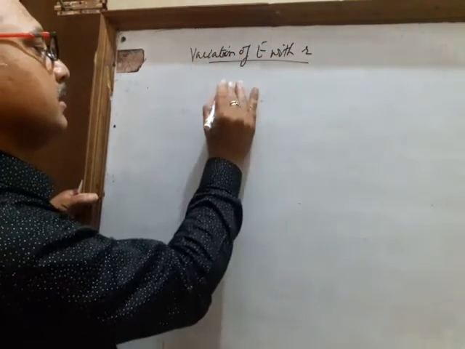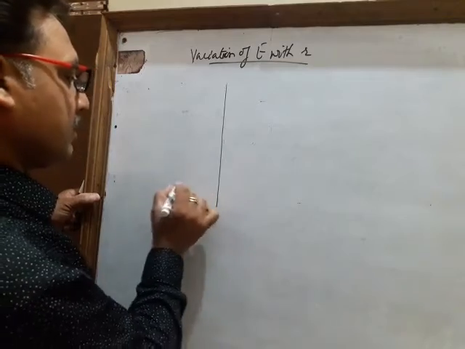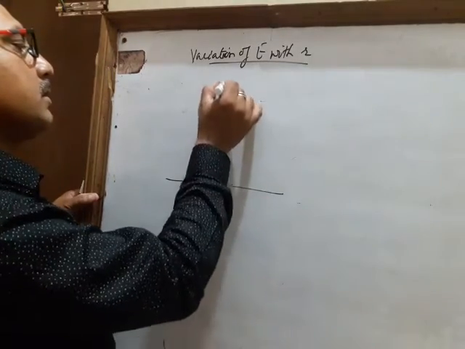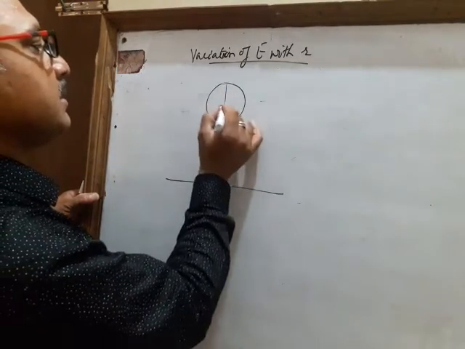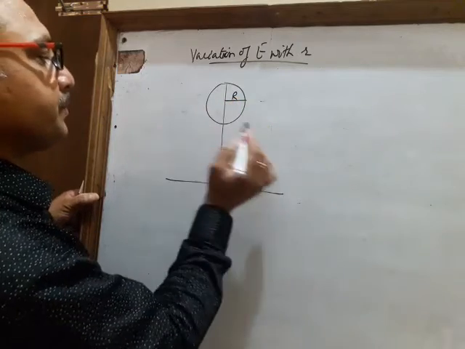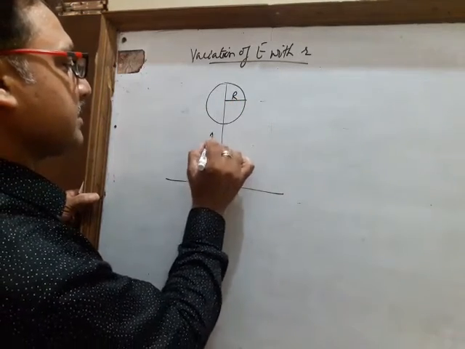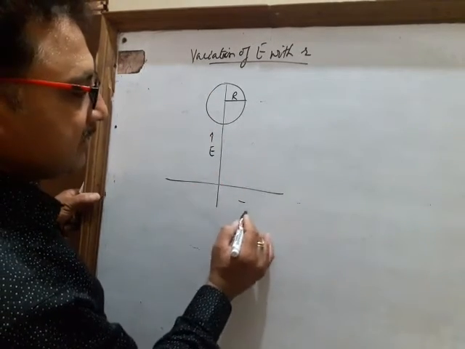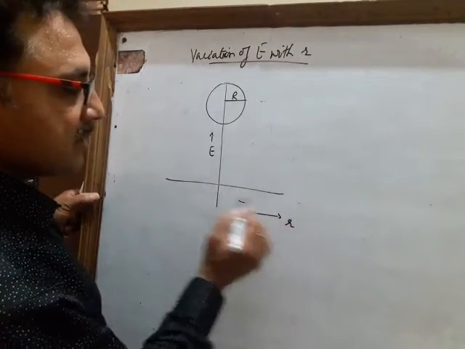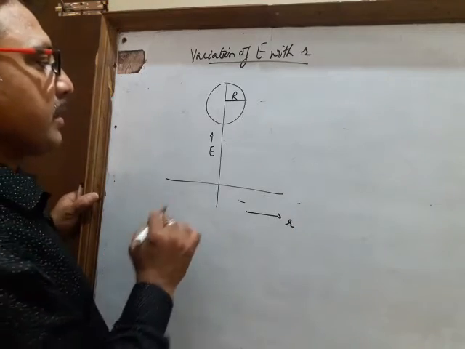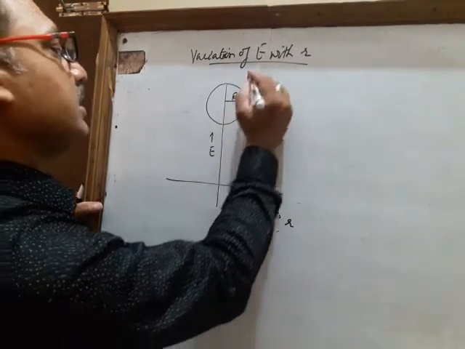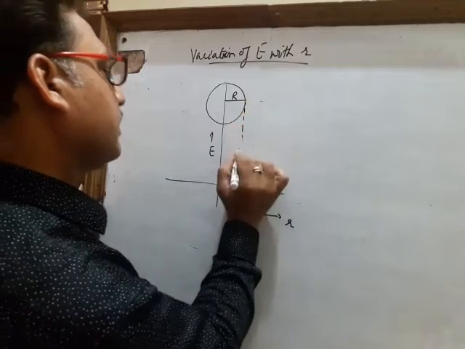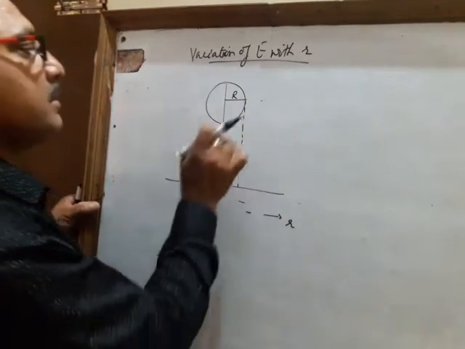You can draw this sphere like this. This is the radius R. This y-axis denotes field intensity E, and this x-axis denotes the distance small r.